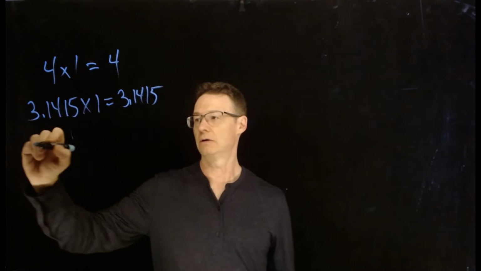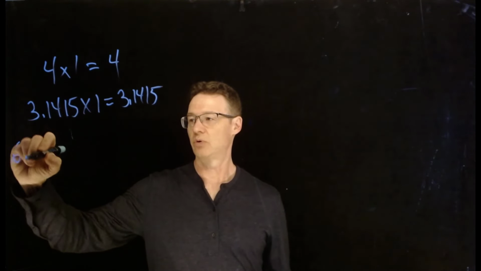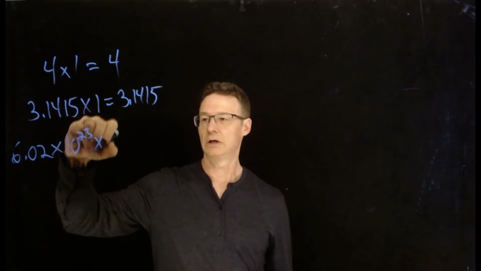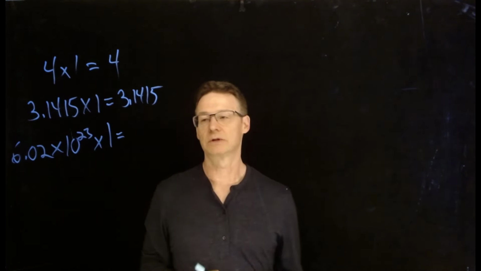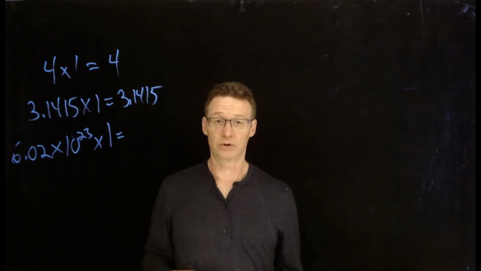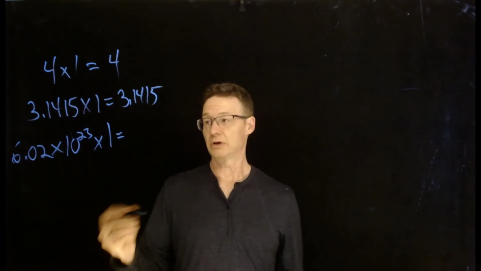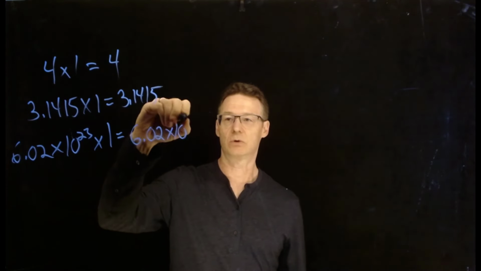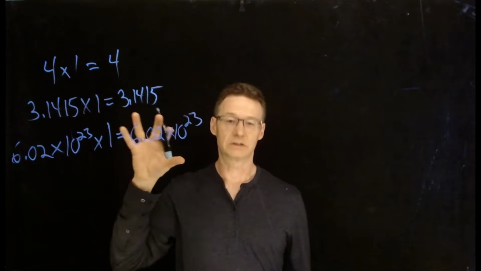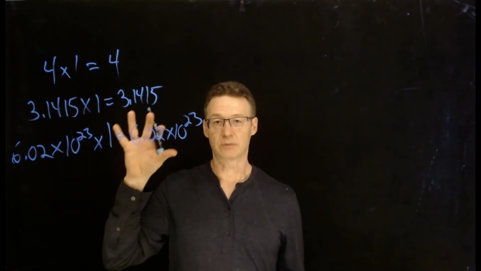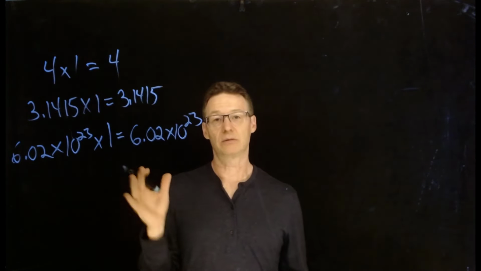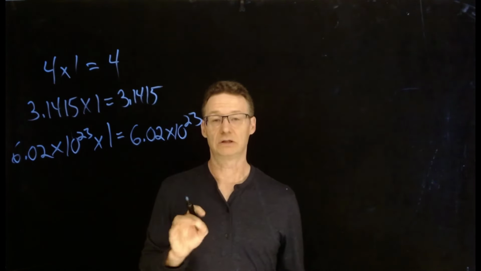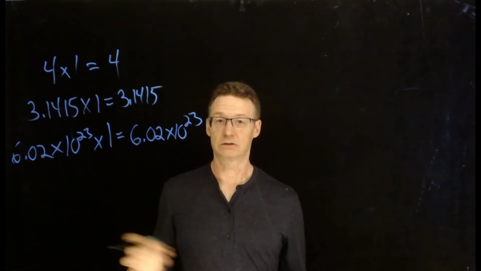How about 6.02 times 10 to the 23rd power times 1 equals, even if you're not familiar with the scientific notation, you probably could work out that this would be 6.02 times 10 to the 23rd. All of this is based on the concept that any value multiplied times 1 equals itself. So that's the first thing we need to keep in mind when we're doing dimensional analysis.